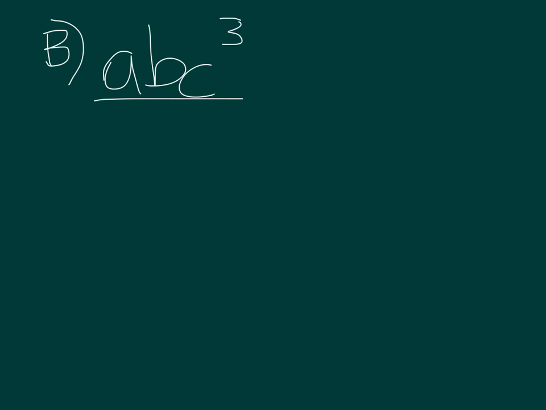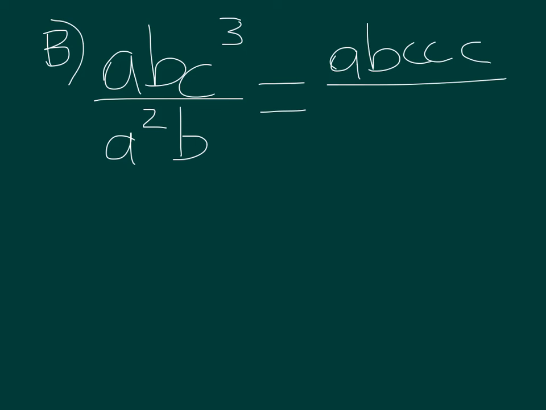Next example, this is example B, has a b c to the 3rd power over a squared b. So I think it's easiest just to write it all out. You have a, b, c, c, c over a, a, b. So what gets crossed off?